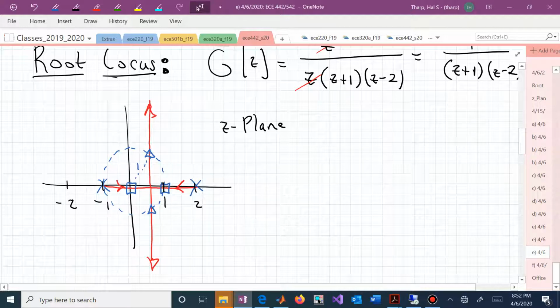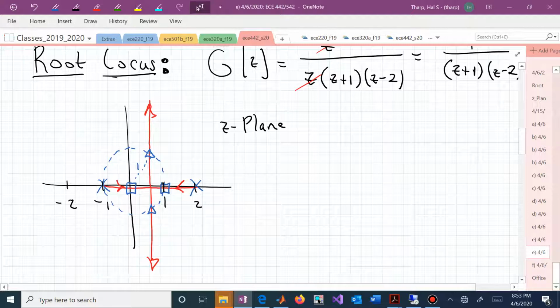The line segment between minus 1 and minus infinity does not belong to the root locus either, because if we look at the angles that those two poles make at those two outer line segments of the real axis, the angle will be 0 degrees. In between those two poles, the pole on the right contributes 180 degrees, the pole on the left contributes 0 degrees, and we'll have then the sum of those being 180 degrees.